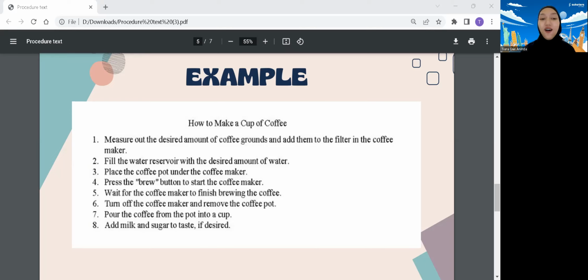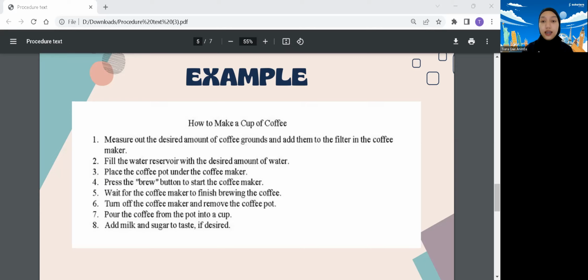Okay, so first, what is the purpose? The purpose of transitional words and phrases in a procedure text is to provide clarity and coherence, guiding the reader through each step of the process. They help to indicate the sequence, order, or relationship between the steps, making it easier for the reader to follow and understand the instructions itself.